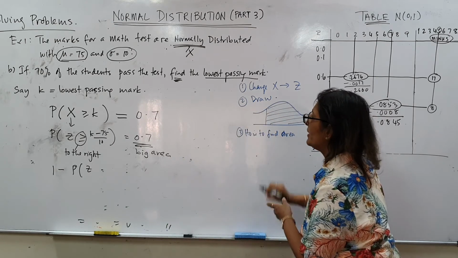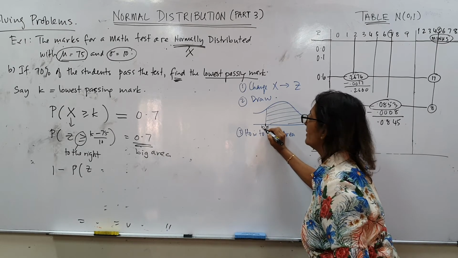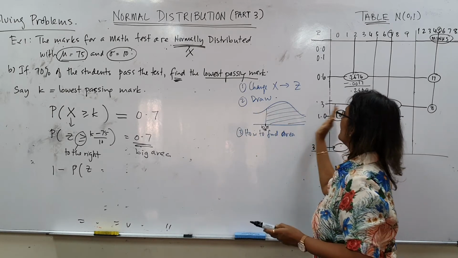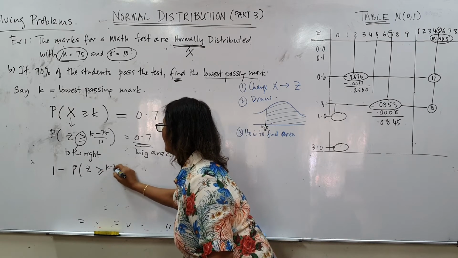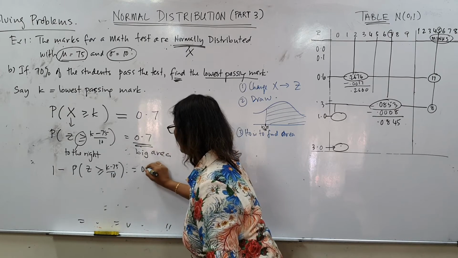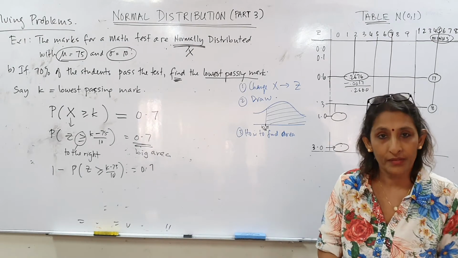And this is the value of your K minus 75 over 10. So 1 minus this. So this one we imagine is this side and put it as greater than. K minus 75 over 10. This one copy 0.7. Okay, we are done with step 3, how to find the area.